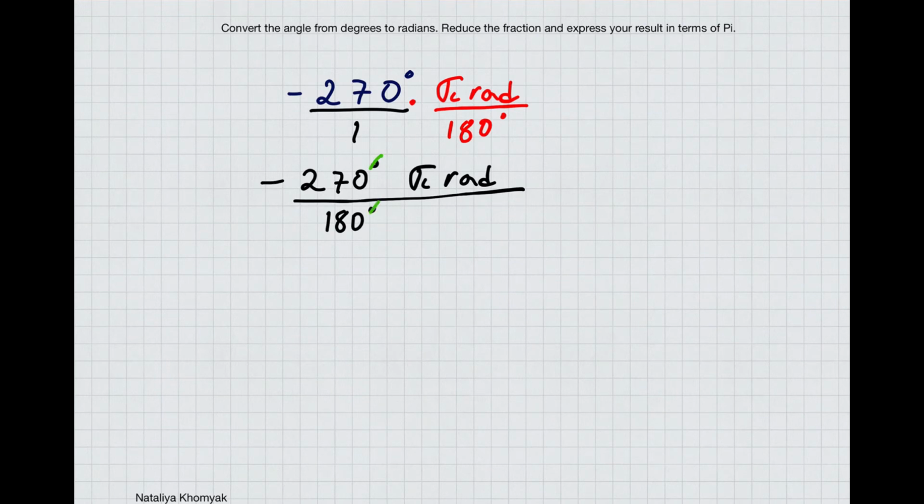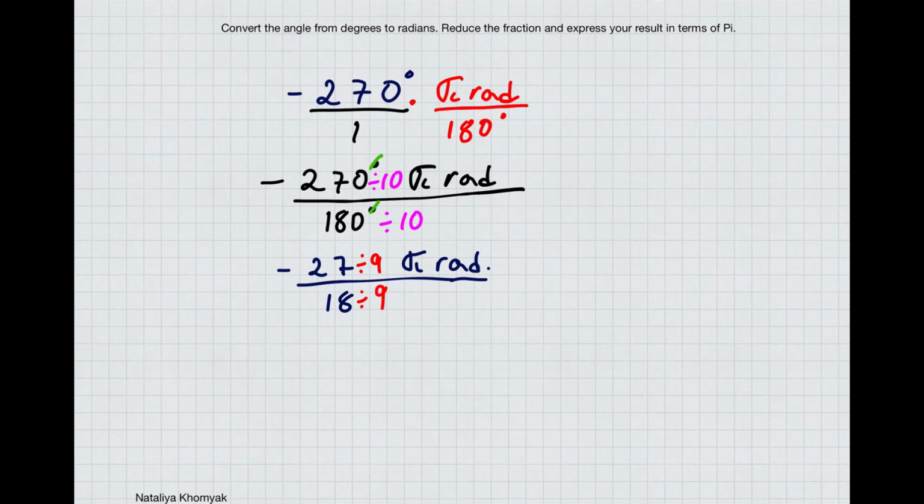Degrees and degrees will cancel. We can reduce top and bottom by 10, and we get negative 27 pi radians out of 18. We can also divide 9 into 27 and 18 at the same time, and we get negative 3 out of 2 pi, or pi radians.